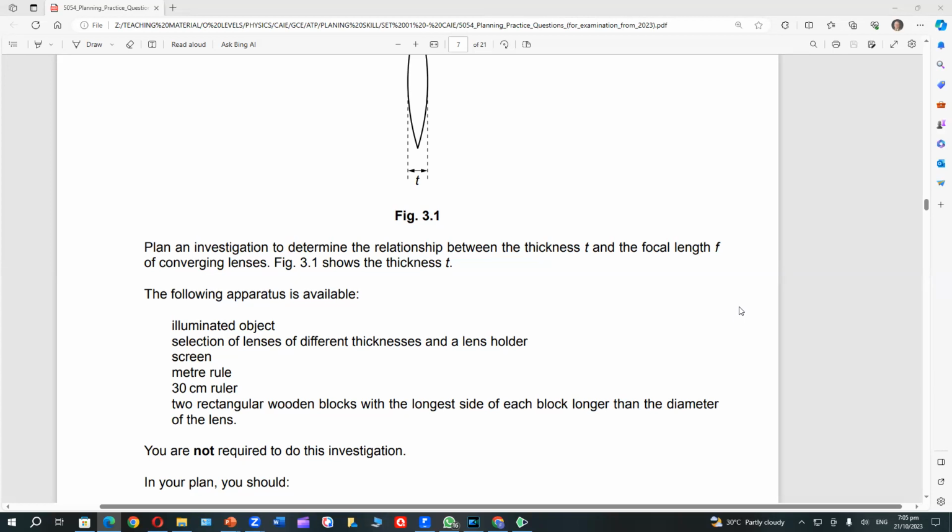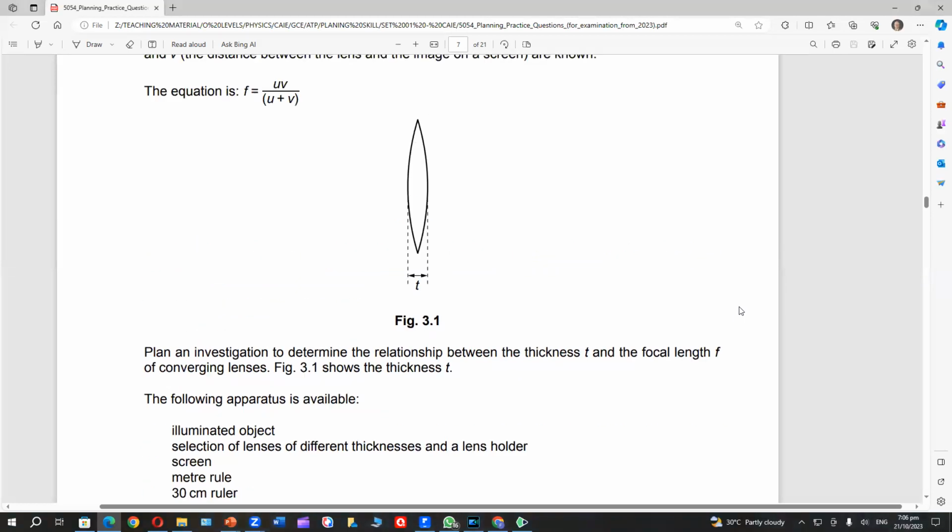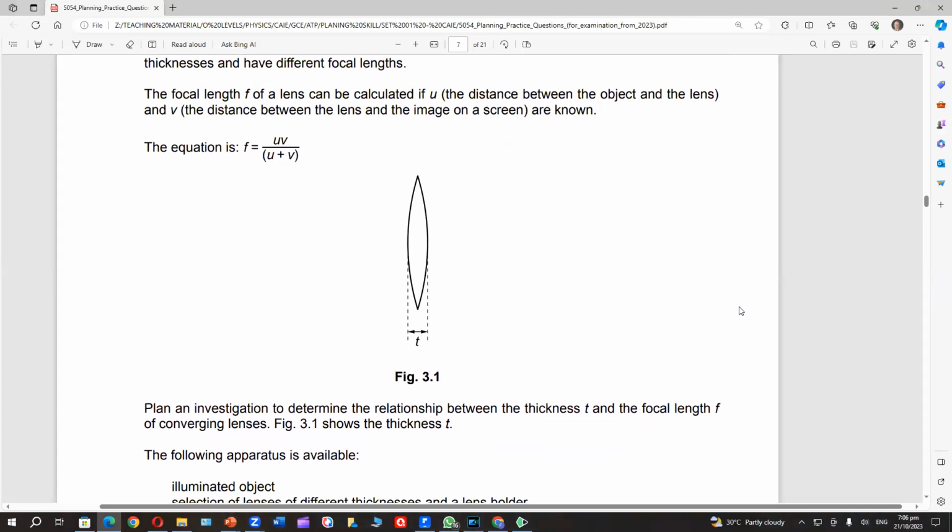Plan an investigation to determine. Let me explain the concept of focal length. Suppose this is the lens, and light rays are coming from here. After passing through the lens, the light rays will combine at a point. This point is called focus.